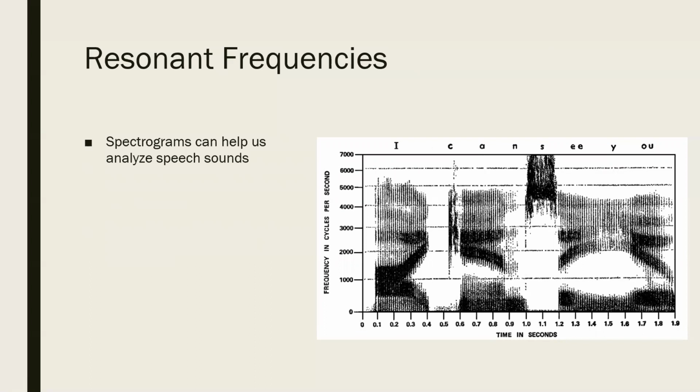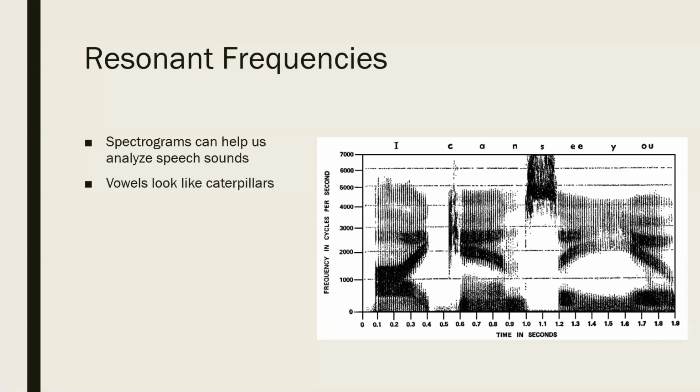This plots a spectrum of the sound wave over time and lets you see how the resonant frequencies evolve over time. So this is a spectrogram of someone saying, "I can see you." It shows the various resonant frequencies and how they evolve over time.